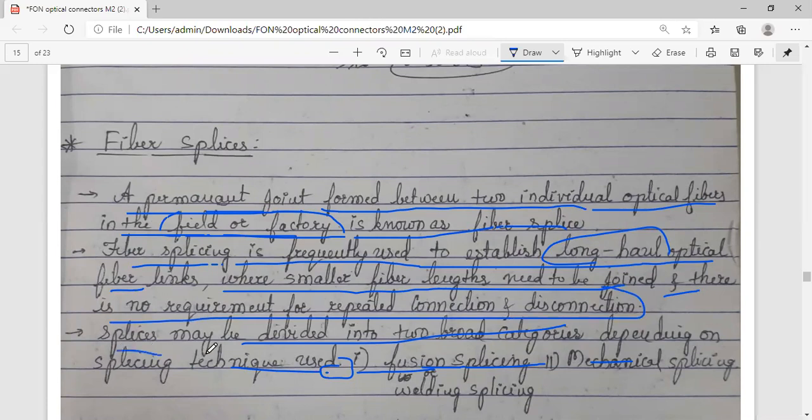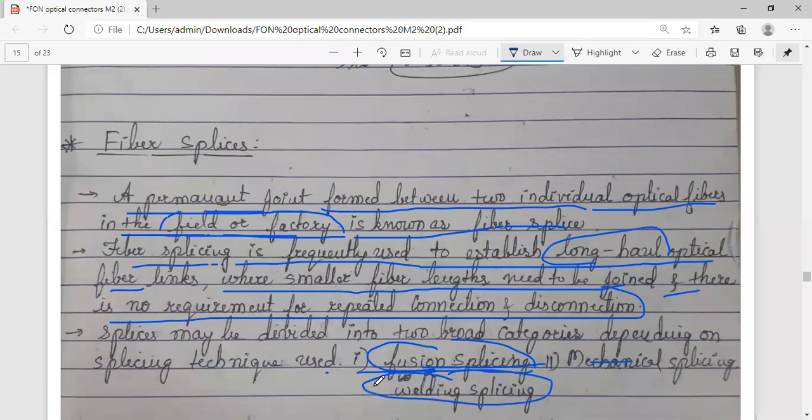There are basically two types of fiber splicing available. This broad categorization depends upon the technique you use for splicing. The first category is called fusion or welding splicing.